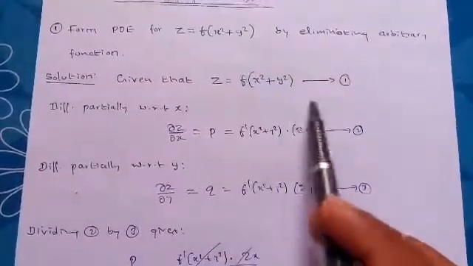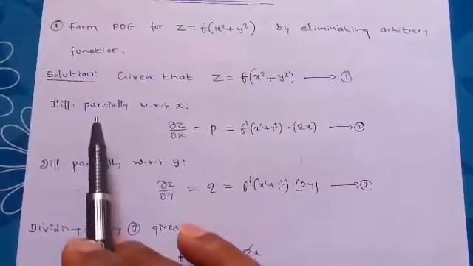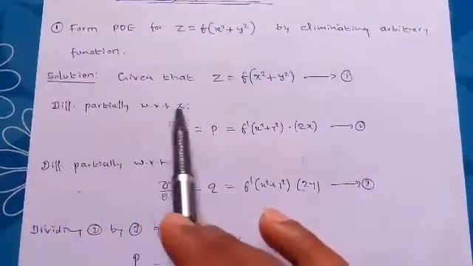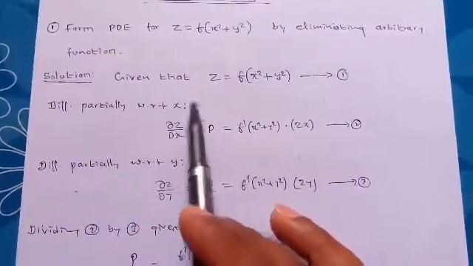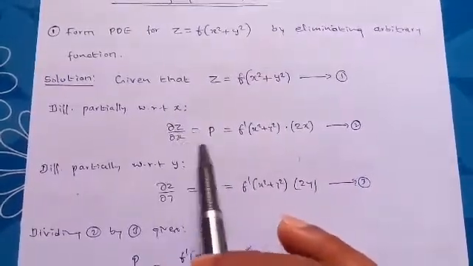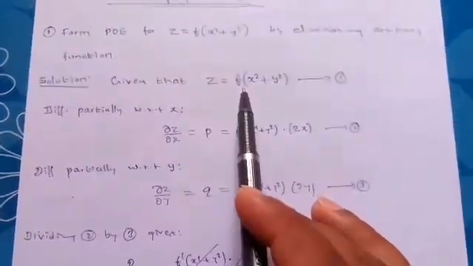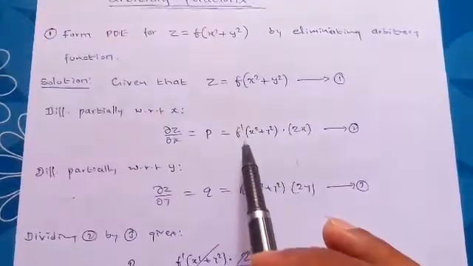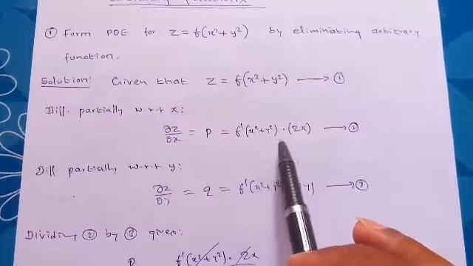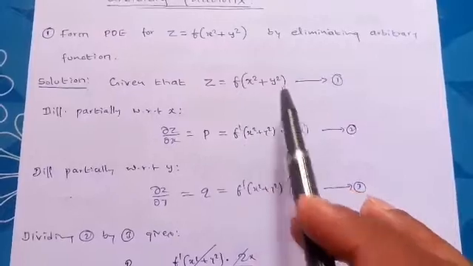Consider the given equation z equal to f of x square plus y square, and differentiate partially with respect to x. We know that the derivative of z, denoted by dou z by dou x, has the notation p, and equals, in the RHS, the derivative of function f, which is f dash of x square plus y square, and inside the function we have x square plus y square.